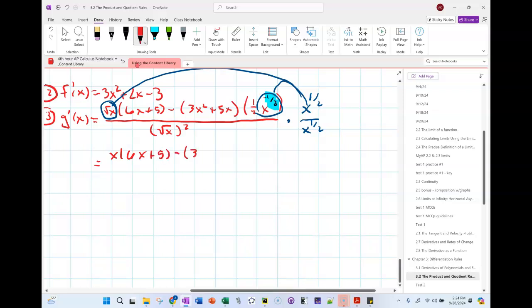Now, you don't have to do it that way, but in fact, let's make that 2. So it just nixes that 1/2 up there also.